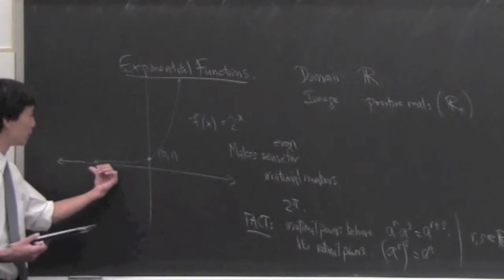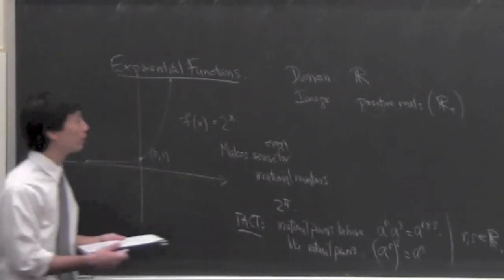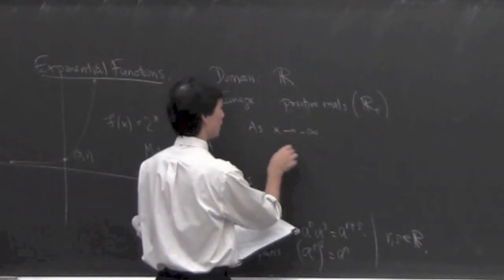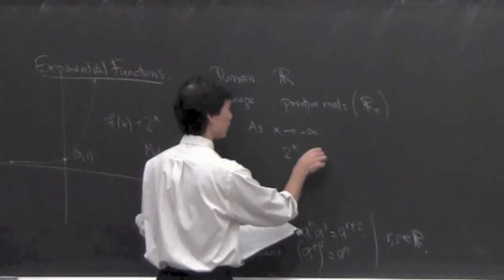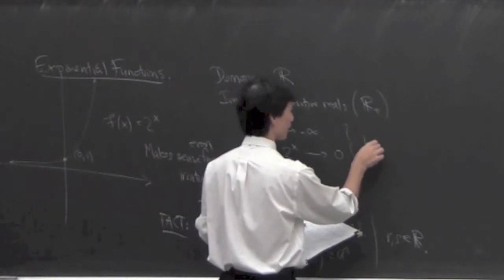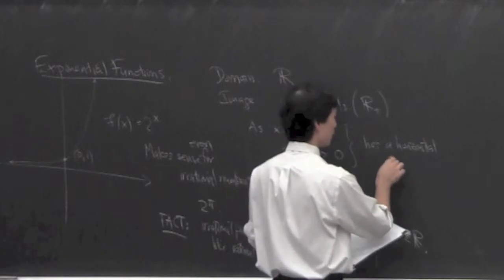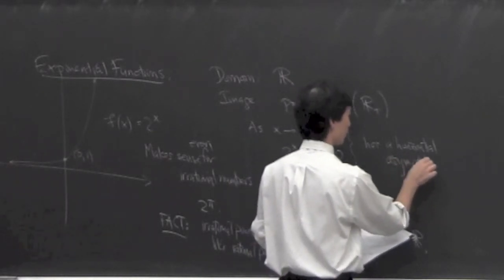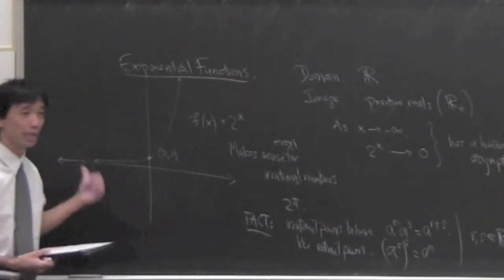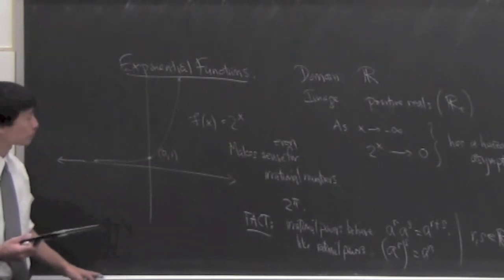Sure. As x goes to negative infinity, 2 to the x goes to 0, so it has a horizontal asymptote: the line y equals 0 is an asymptote as you go towards negative infinity. But nothing as you go to positive infinity.